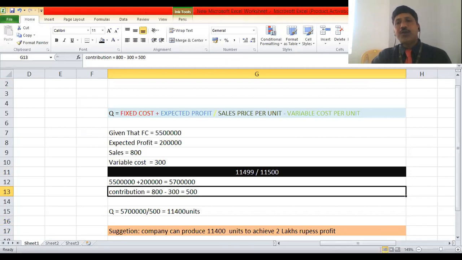The contribution margin represents the amount of income or profit the company made before deducting its fixed cost.